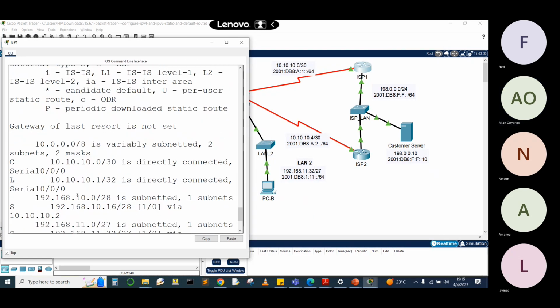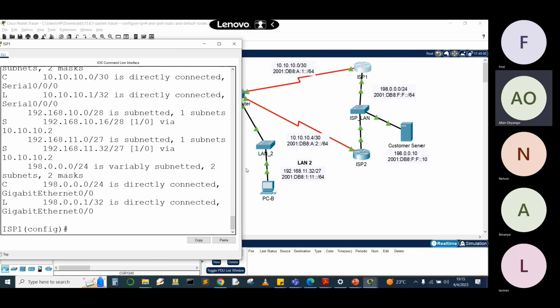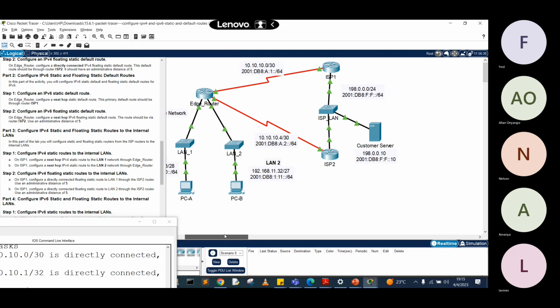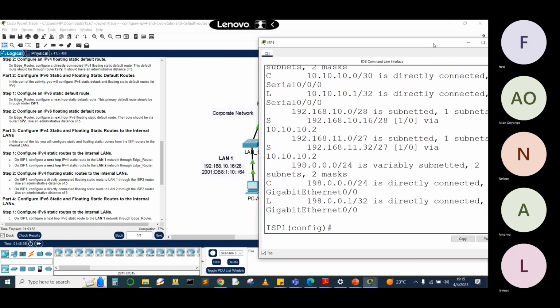And so once we know it is G0/0, I need to configure on this ISP1. I'm going to just say IP route and put the network for this LAN, because this is directly connected. I put the network for LAN 1, which is 192.168.10.16. All right.